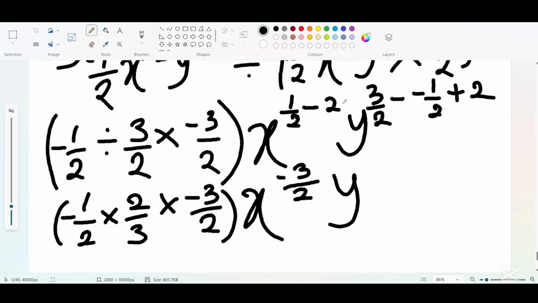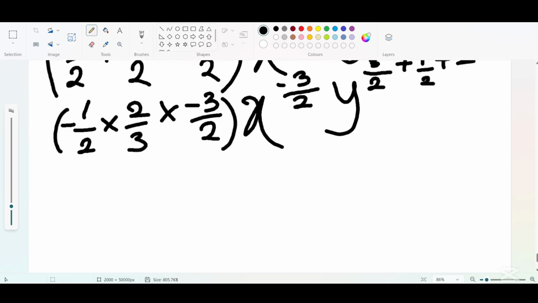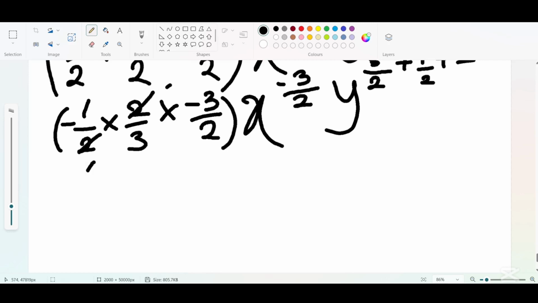Then for this one, we are going to do what? Convert this one to minus times minus. That's going to be plus. So it's going to be 3 all over 2. Right? 3 all over 2 plus 1 all over 2 plus 2. So at this point, if cutting is possible, we'll cut 2 here 1, 2 here 1, 3 here 1, 3 here 1.